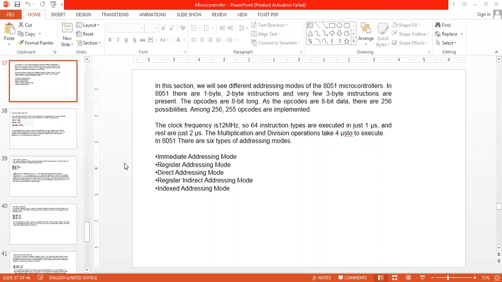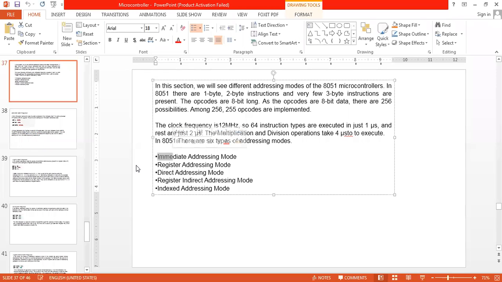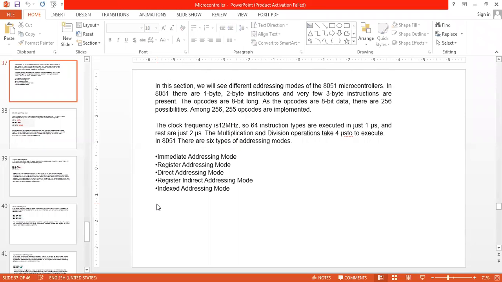It is the way of accessing the data from the memory or from the ALU. There are 5 types: immediate addressing mode, register addressing mode, direct addressing mode, register indirect addressing mode, and indexed addressing mode.